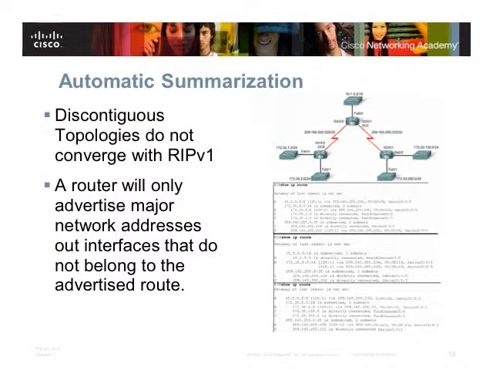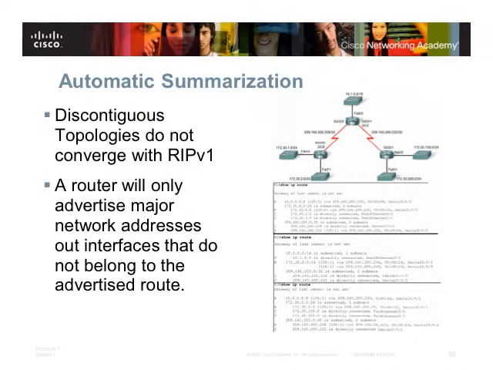So last time we talked about automatic summarization for RIP version 1, and we said that the limitation for RIP version 1 is not sending the subnet mask as part of the route update. That initiated or forced the rule for automatic summarization: if the route entry is coming on an interface that exists on the same major network of the destination address of this route entry, then we use the subnet mask of that interface and assign it to the route entry in the routing table.